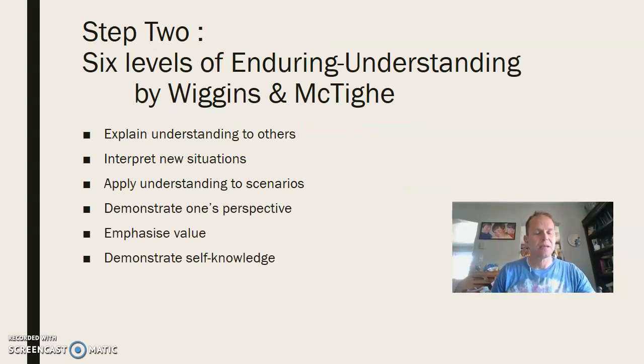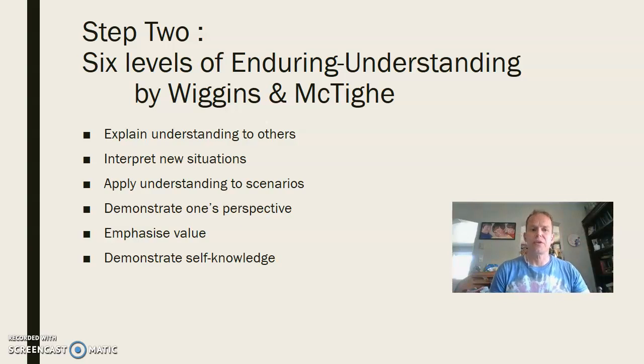So step 2, sorry, 6 levels of enduring understanding by Wiggins and McTighe. So these 6 ideas would help you design your rubric, but these are how we're going to recognize understanding in our students, how we're able to explain to others, how we're able to take perhaps a similar situation and apply the new understanding to a new situation.